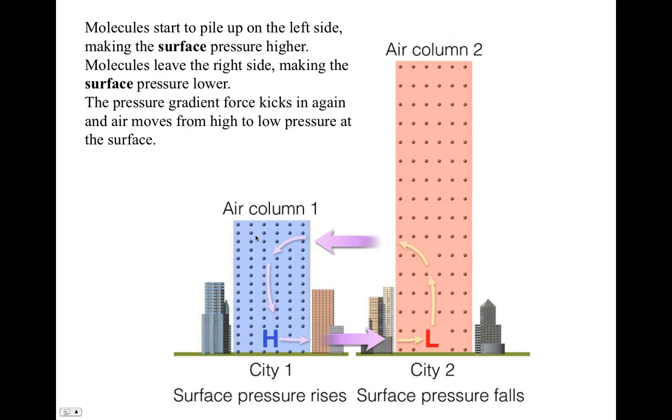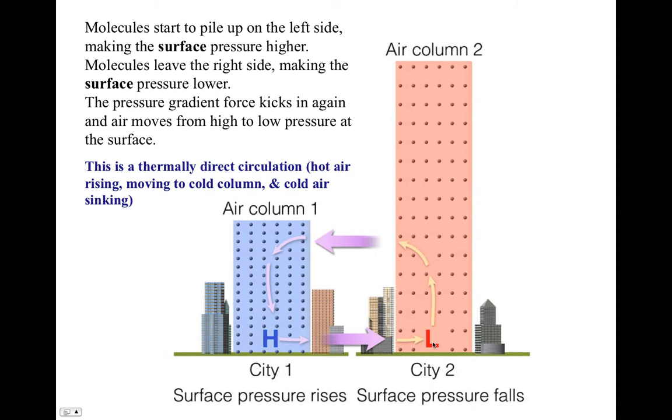The pressure gradient force kicks in again at the surface because now you have a pressure gradient at the surface. High pressure air wants to move towards low pressure air. So again, it moves that way. And now you have what's called a thermally direct circulation, where warm air rises, comes across to the cold air column, sinks throughout that column, and then returns over to the warm column at the surface.